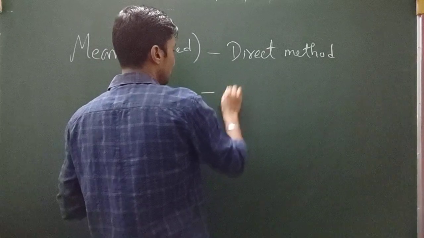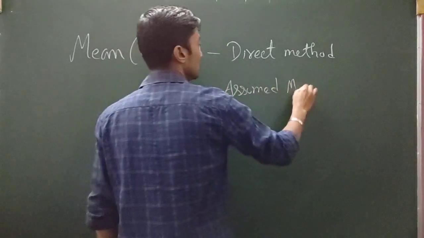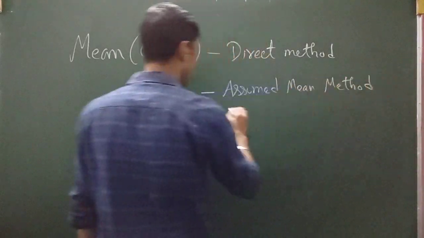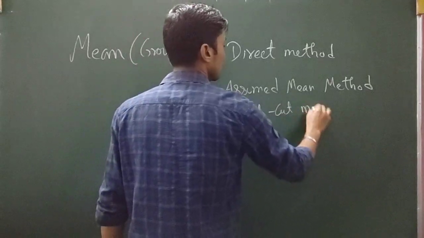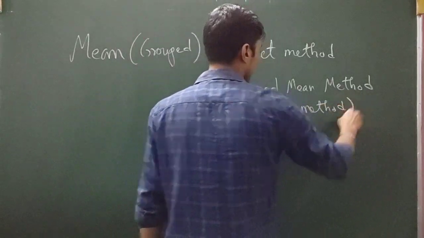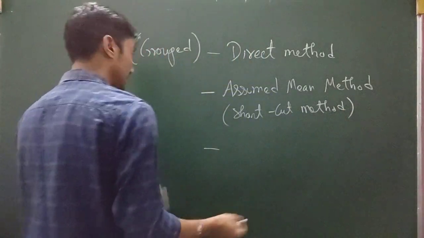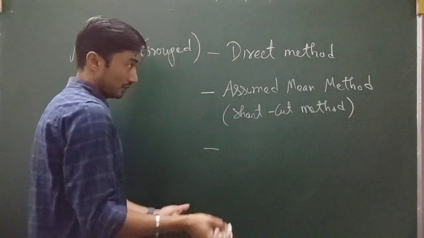Second method is known as assumed mean method. This is also known as the shortcut method, but I prefer the last one as a shortcut one. But anyway, that's the name that is given by people, so we cannot change that.